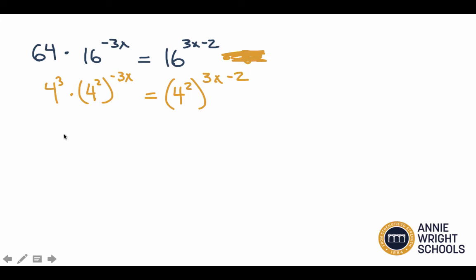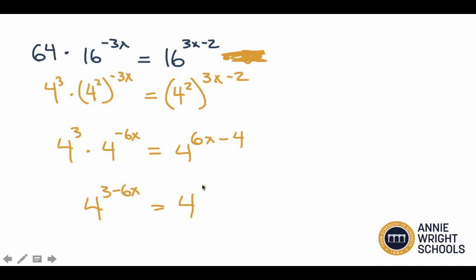So what does that mean? Well, now this means that we have 4 to the 3 times 4 to the negative 6x equals 4 to the 6x minus 4. All right, we simplify over here with our exponent rules. I get 4 to the 3 minus 6x equals 4 to the 6x minus 4.